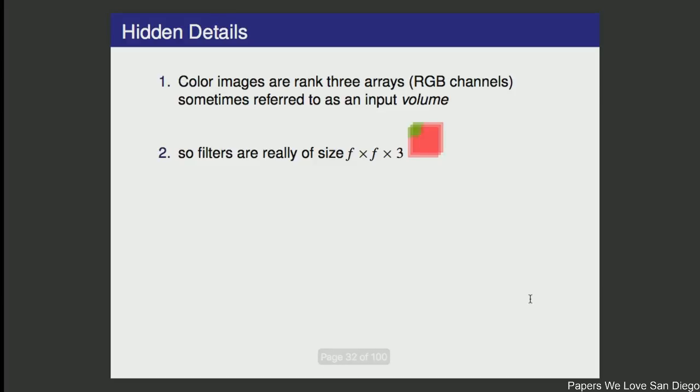So a filter is not actually a rank 2 object, it's actually a rank 3 object, which also has depth. So instead of a 3 by 3 filter, we'd have a 3 by 3 by 3 filter. So 27 numbers that we're passing over the image.